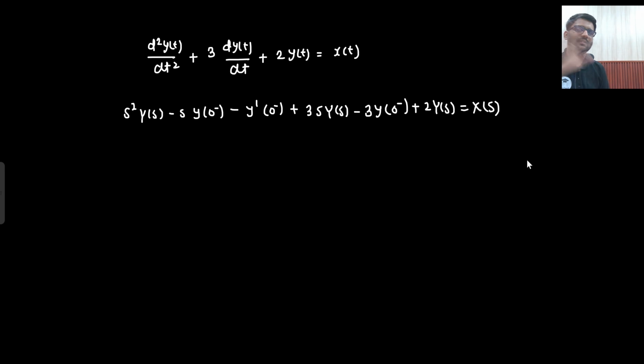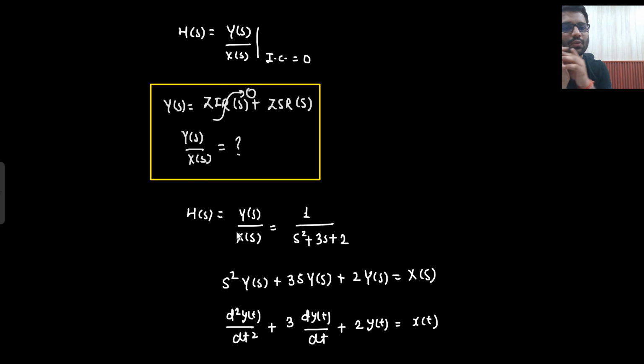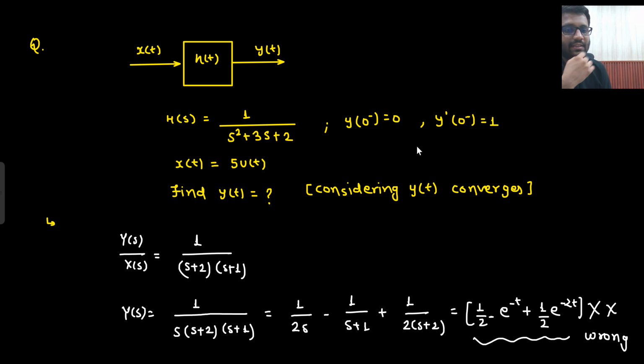So now I can consider the initial conditions. You are given H(s), which is surely Y(s) divided by X(s). But in the question you saw that there are initial conditions involved. For finding H(s), the initial conditions were put to 0.